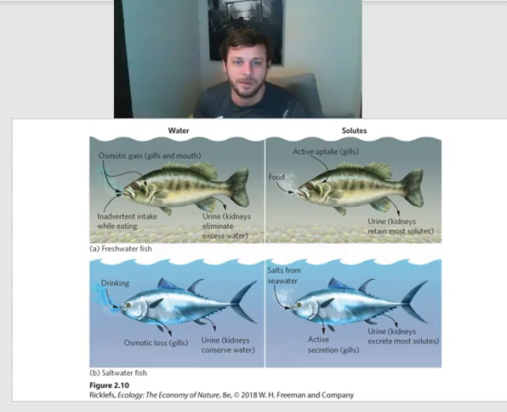And so here you can just kind of see some different ways that the freshwater and saltwater fish deal with their environments, that hyperosmotic and that hypoosmotic, where they drink a ton, they're going to be losing a ton through their gills, but then the urine is really, really concentrated, and so it's really salty, and they get rid of it.